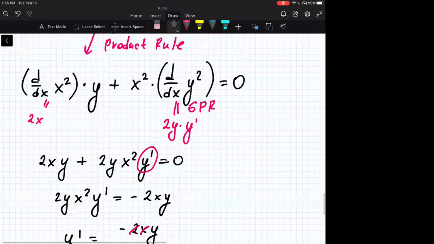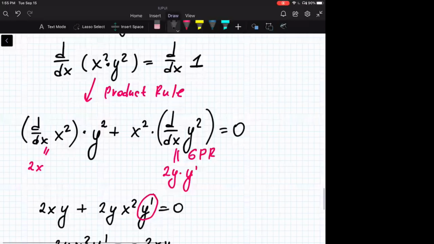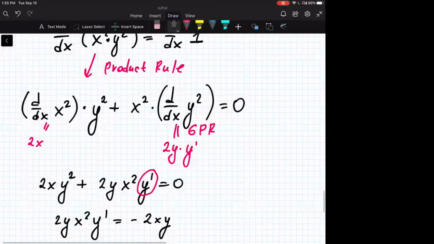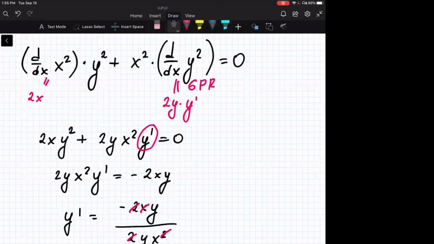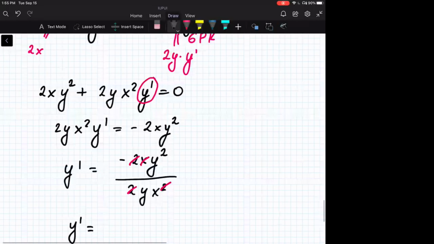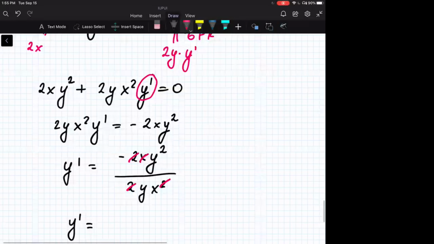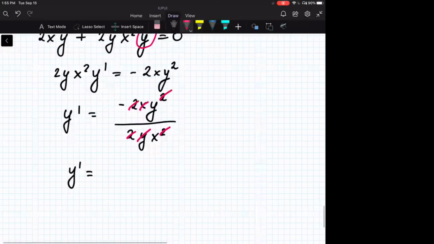Ah, yeah, y squared. That's what I missed. Y squared, 2x, y squared. Otherwise, I have too many cancellations. And 1 power of y. So I get that it's equal to minus y over x.